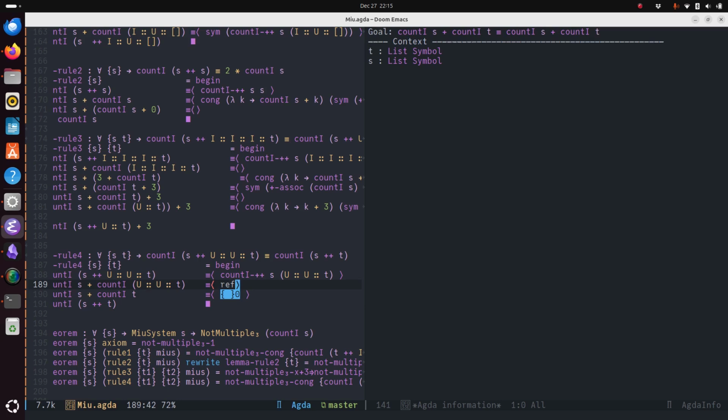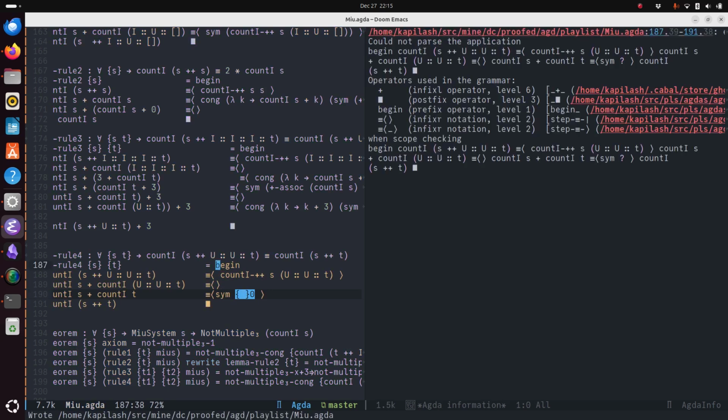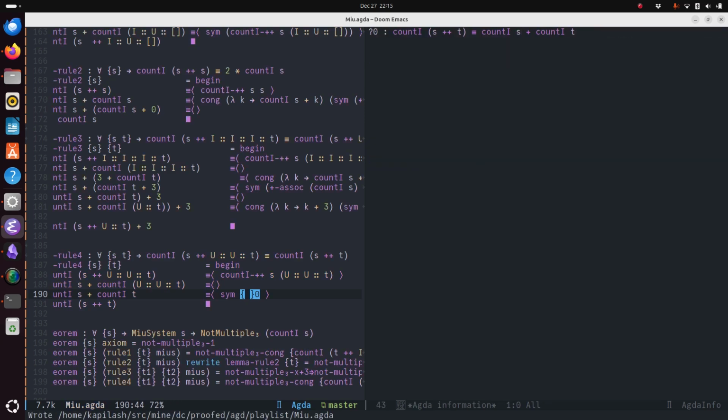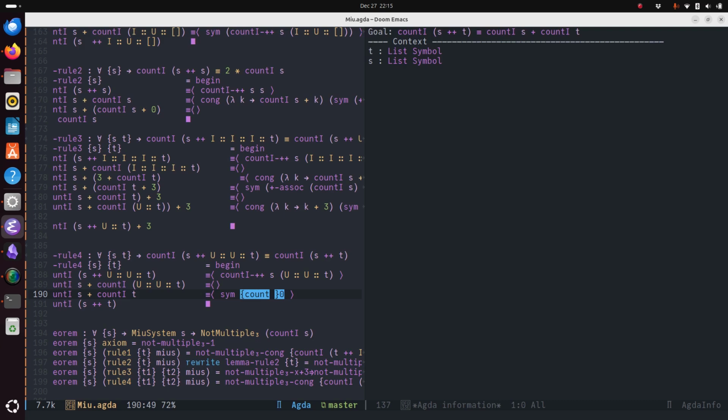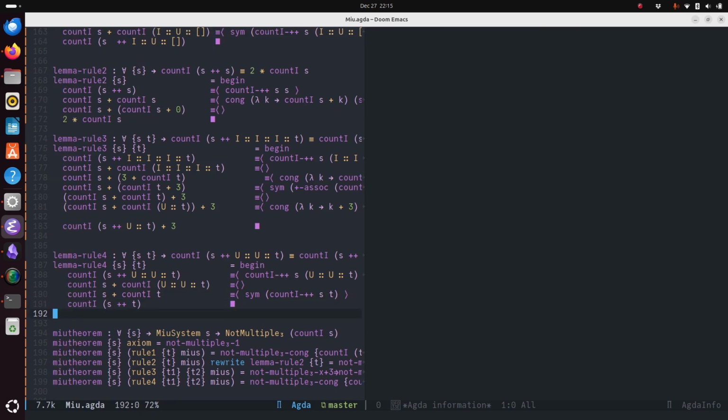We can remove the refer. This should be the symmetric version of it. So nice. So we proved our theorem for all strings.